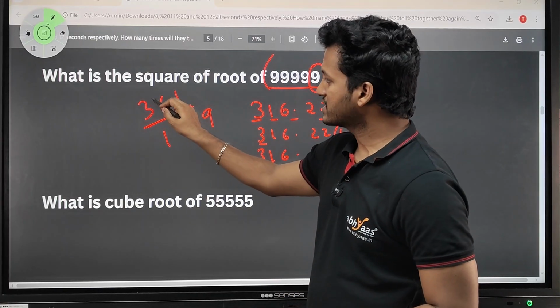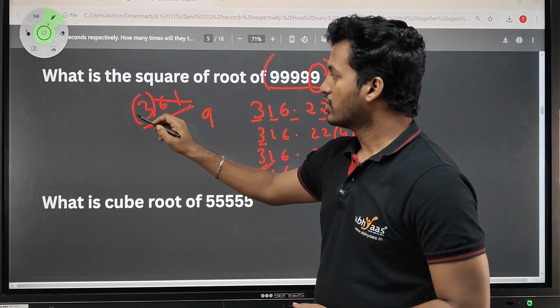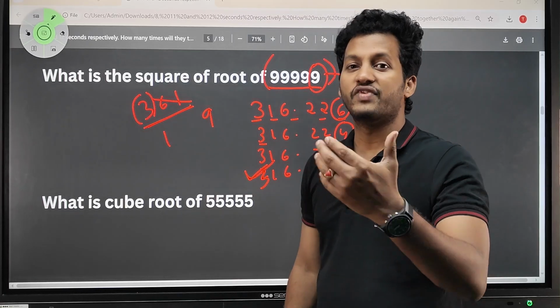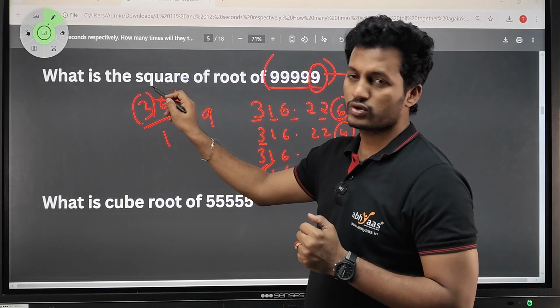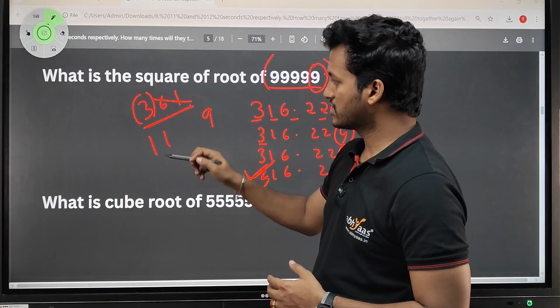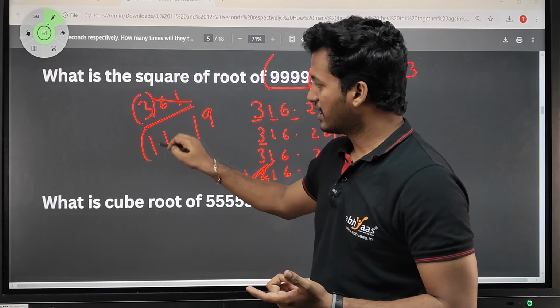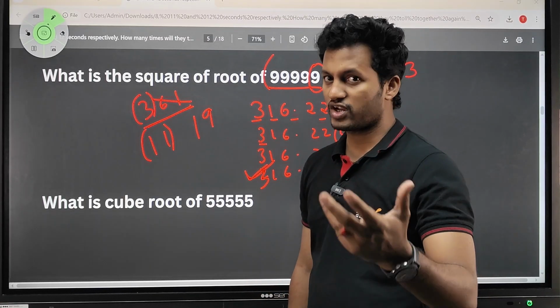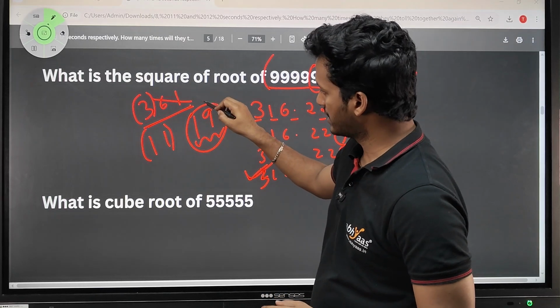Next I cancel these two digits and see to which square this 3 is very near, either 1 or 4. This 3 is very near to 1, so the answer could be 11 or 19. But we already know the square of 11 is 121, so obviously the right answer is 19.